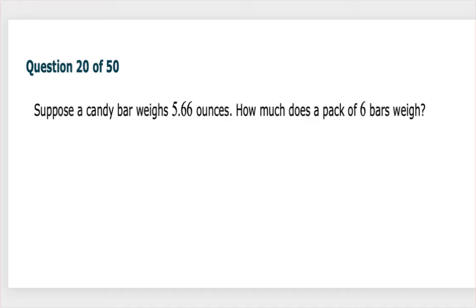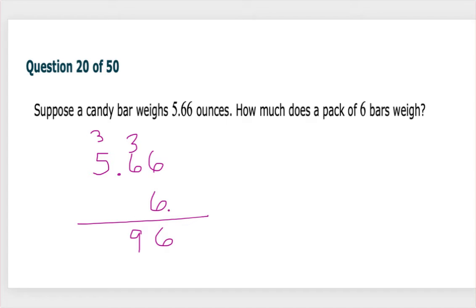Question 20. Suppose a candy bar weighs 5.66 ounces. How much does a pack of 6 bars weigh? So we're going to take 5.66 and multiply it by 6. 6 times 6 is 36. 6 times 6 is 36 again, plus 3 is 39.